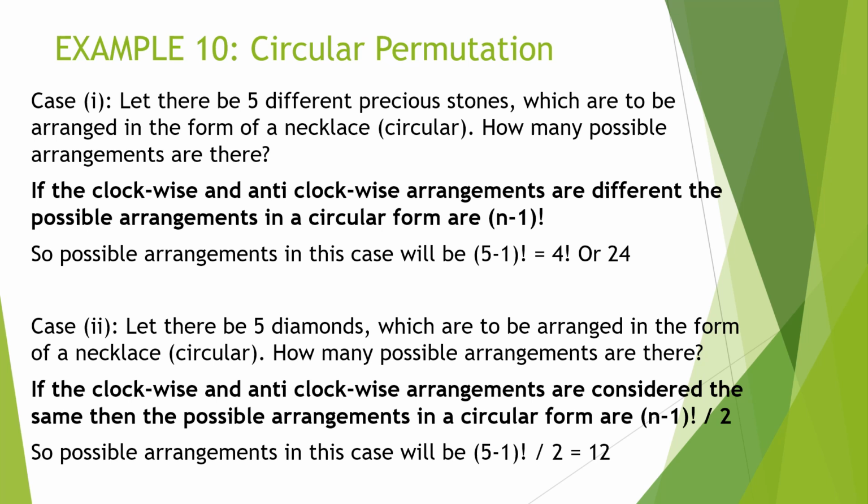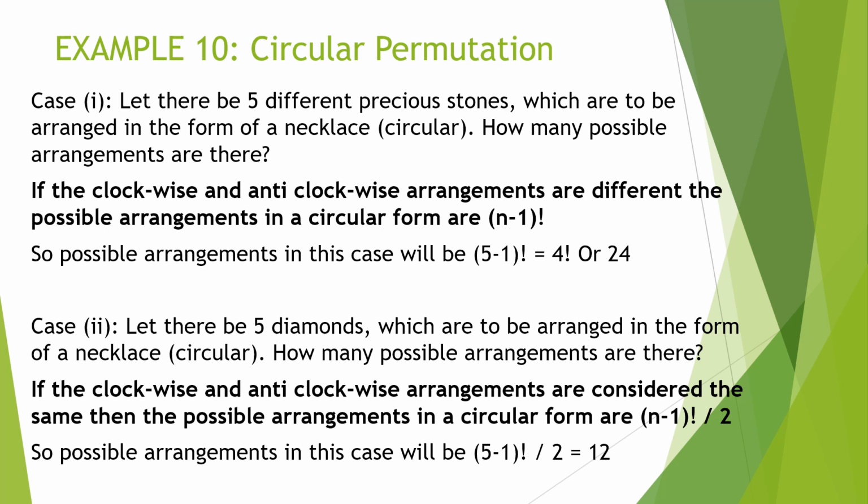Suppose there are ruby, emeralds, diamonds, then first ruby can come, then emerald can come, and in that order clockwise. Same thing you can arrange anti-clockwise also. So that will be considered different. So if they are considered different, then total number of arrangements are n minus 1 factorial. So possible arrangement in this case will be 4 factorial or 24.